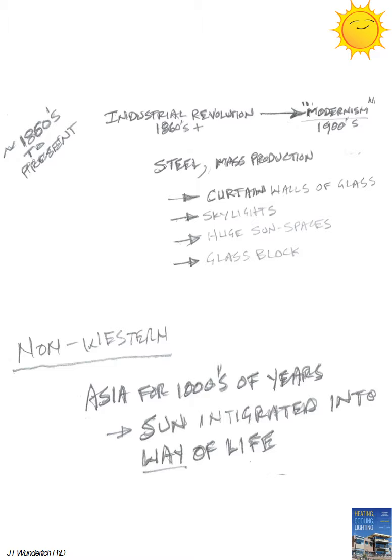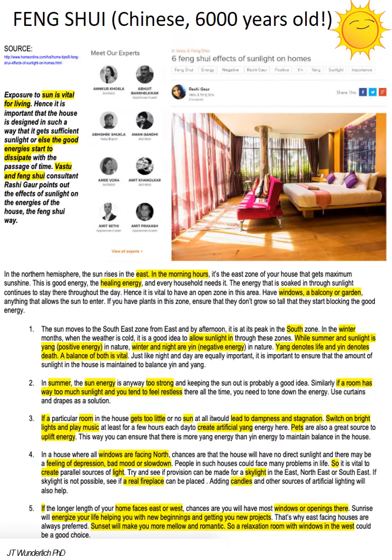However, in Asia for thousands of years, sun was integrated into the way of life. So we just mentioned Western civilization, now non-Western. So Japanese, or Chinese first, 6,000 years old. I'm not going to go through all the details here. It's somewhat of a spiritual belief, if you will, or a philosophical belief in some of the things that manifest itself based on how you deal with the sunlight.